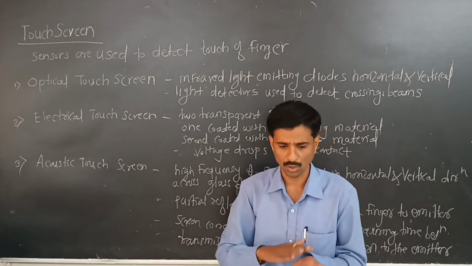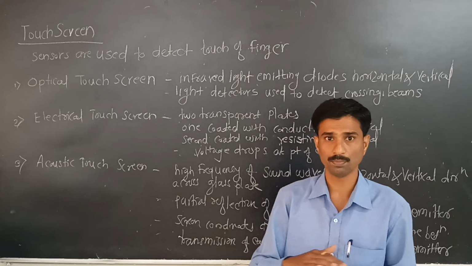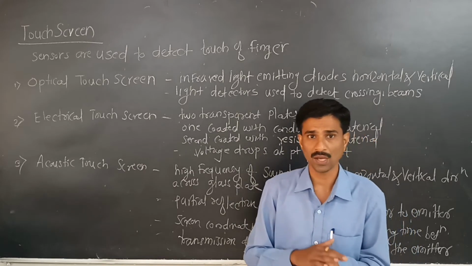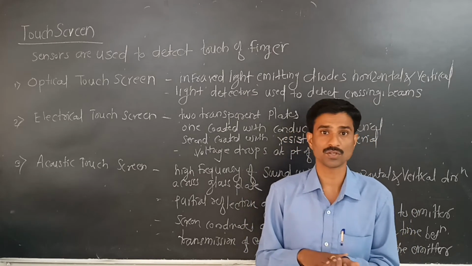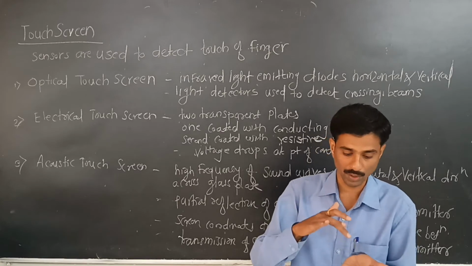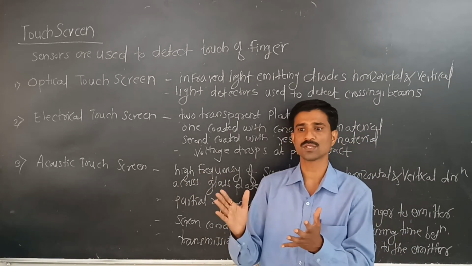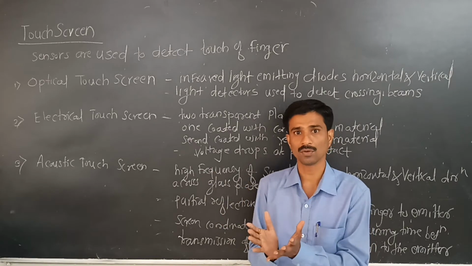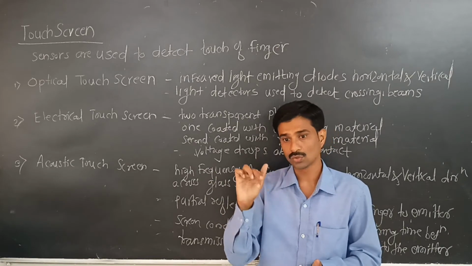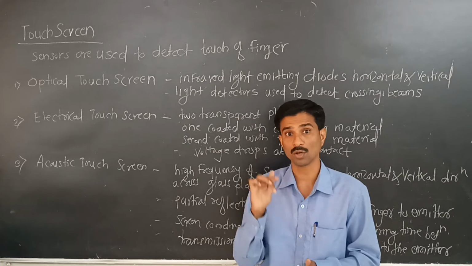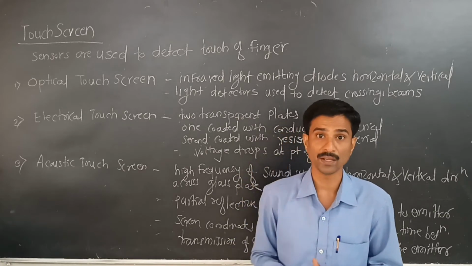You have seen on our smartphones we operate all the functions, all the menus with the help of the finger. In the ATM machine also we have seen there is a touch screen. We choose different menus or functions using the finger.